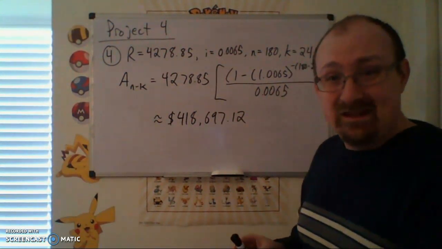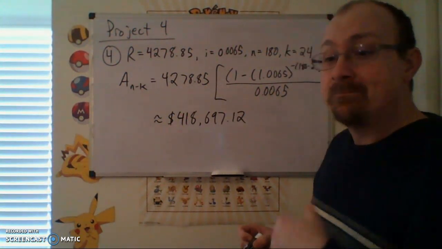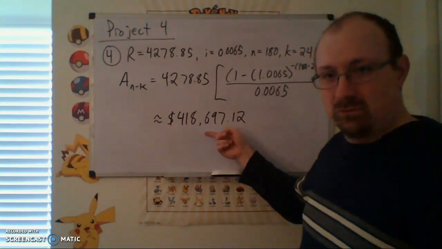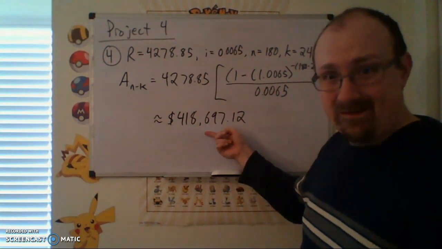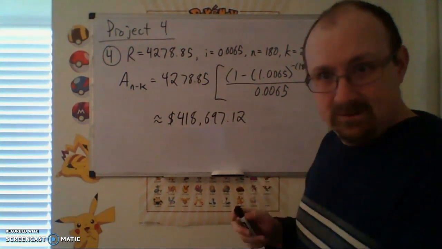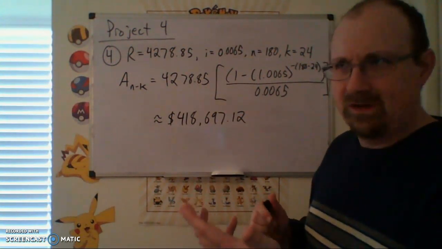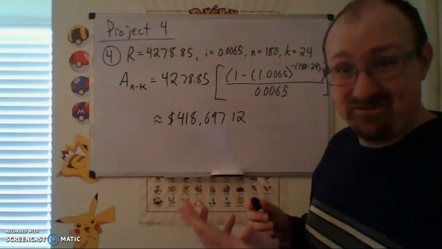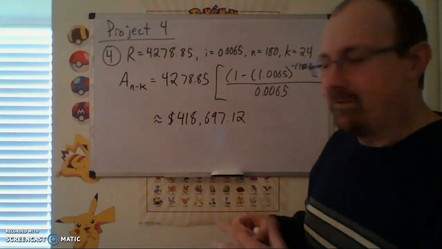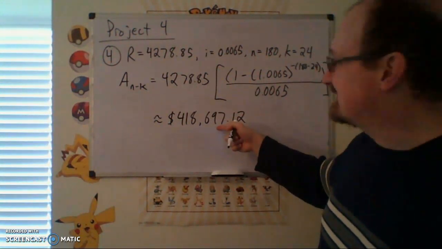Now we're basically in the setting of that particular problem from the notes, where now we need to figure out how many payments it's going to take to eradicate this balance. So now we want to find n. You can either look at it as the unpaid balance formula, or you can treat it like an annuity and use the present value formula to figure out n, one way or another. So now that's our a sub n minus k.